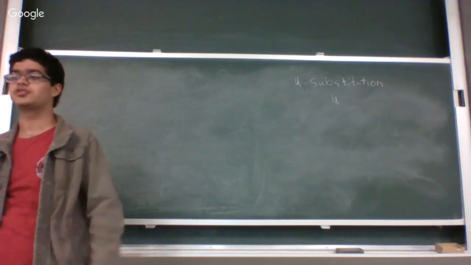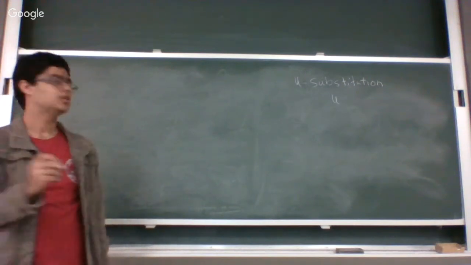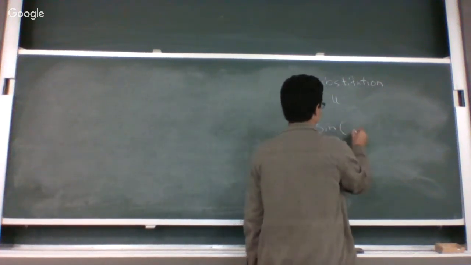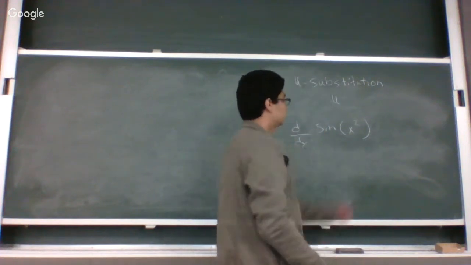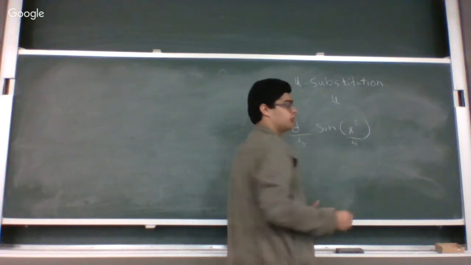Okay? It's sort of like backwards chain rule. When we have a chain rule, say taking the derivative of sine of x squared, essentially what we always do is we ignore what that is. We just treat it like a u.